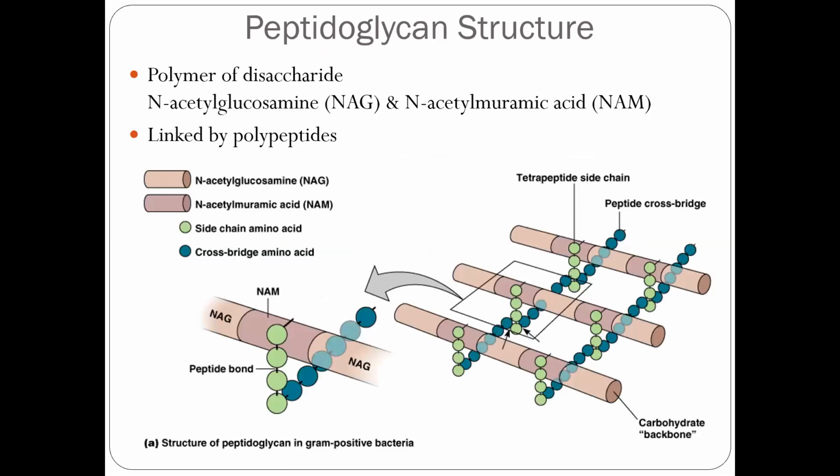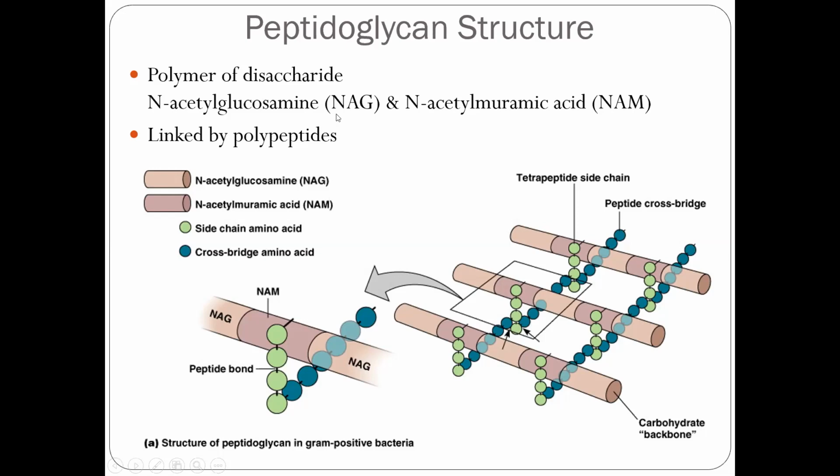So first of all, a major component of the cell wall is called peptidoglycan. Now, how do you understand this? Using very simple language, each peptidoglycan is composed of modified sugars cross-linked with amino acids. Now, what are the modified sugars?